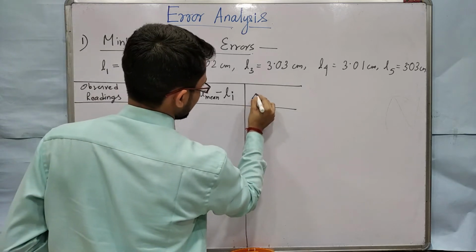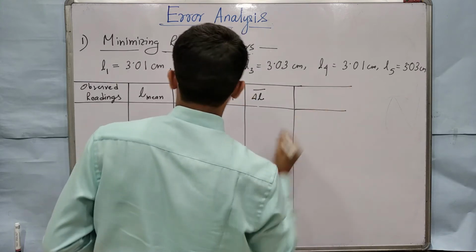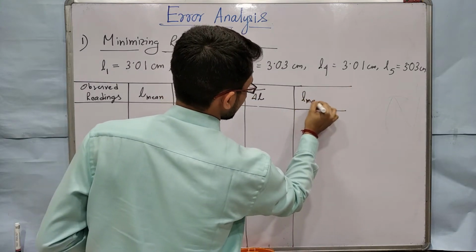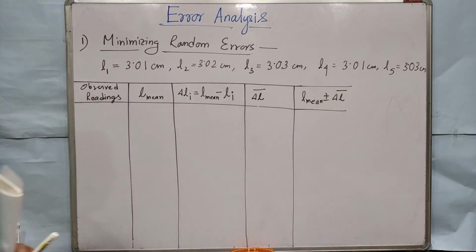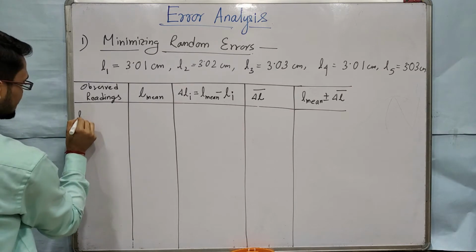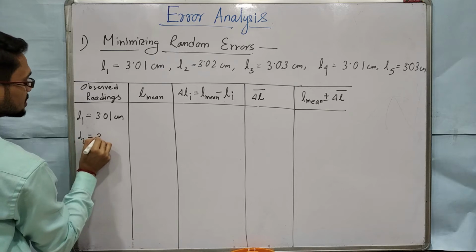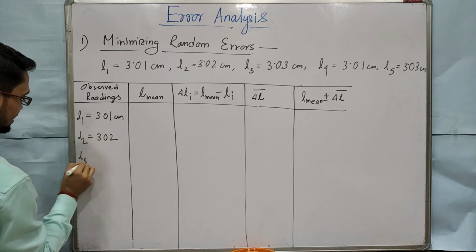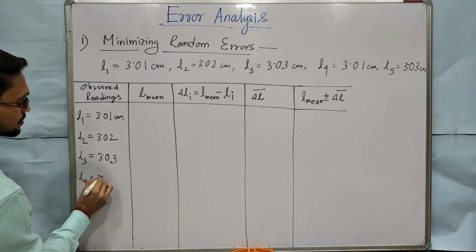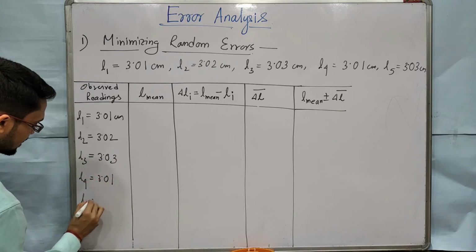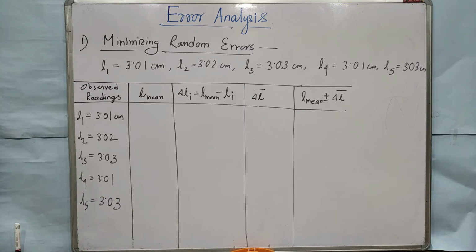Then we will find delta L average, and at the end we will write in that fashion, that is L mean plus minus delta L average. Okay, understand? So I am writing these readings: L1 3.01 centimeter, L2 3.02, L3 3.03, L4 3.01, and L5 3.03. Okay, now find the mean.